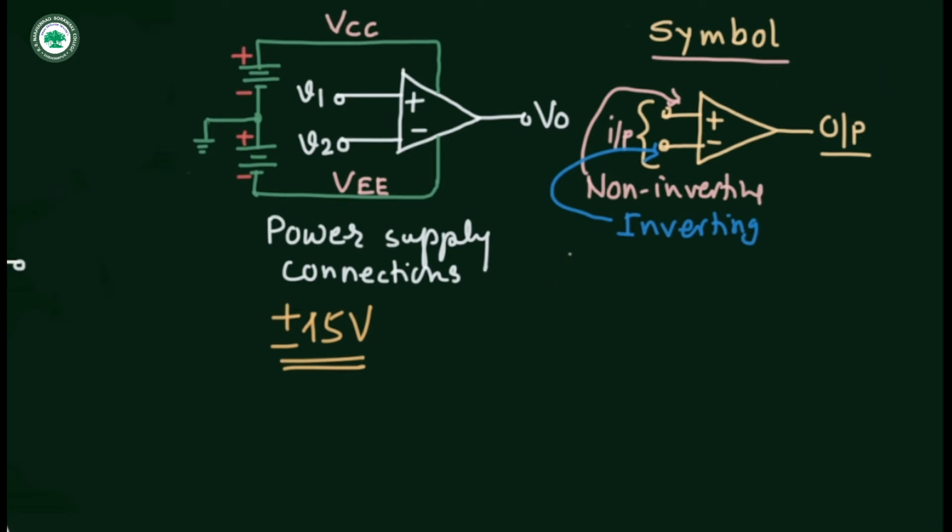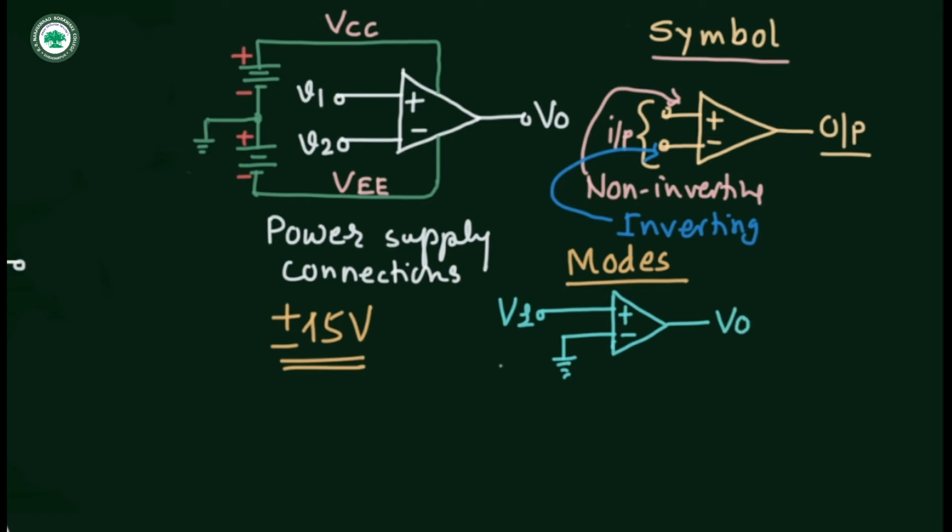Now there are various modes of operation. In the first mode, suppose we apply V1 at the plus terminal, the non-inverting input, and we consider the inverting input as grounded, and we take the output at this side.